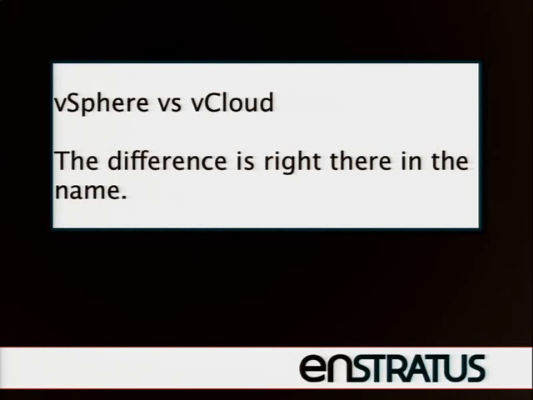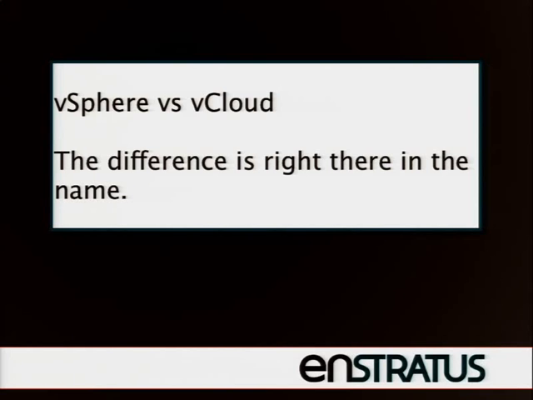Differences in the name. vCloud isn't a sphere, right? Or, no, it's that vCloud turns your virtualization infrastructure into a cloud, and vSphere is really just an API into your virtual infrastructure.